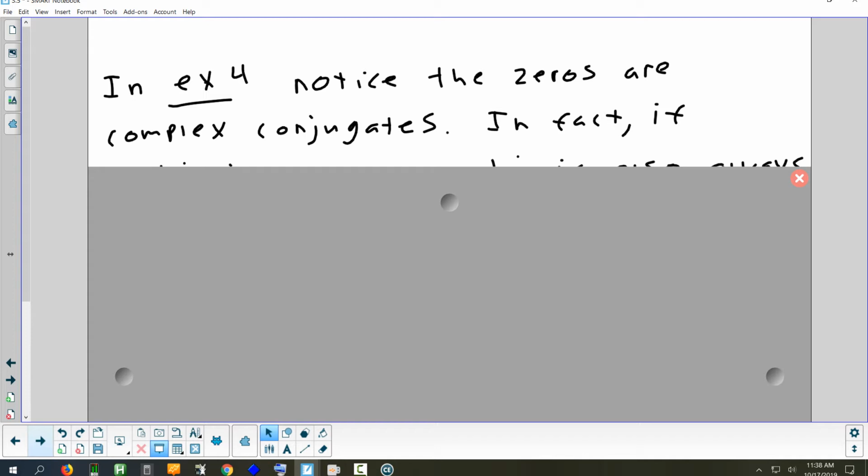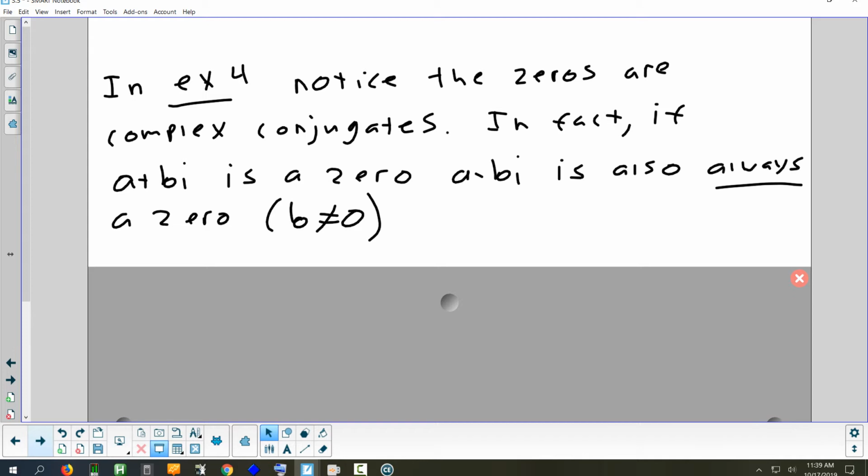You didn't even think about it because you just put plus or minus because it's part of the quadratic formula. And that's always going to be true. Whenever you solve a problem, you never get an odd amount of imaginary answers. Ever. Think of it like imaginary answers like to stick together. They always come in pairs.